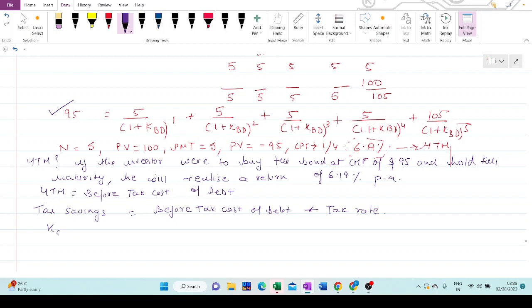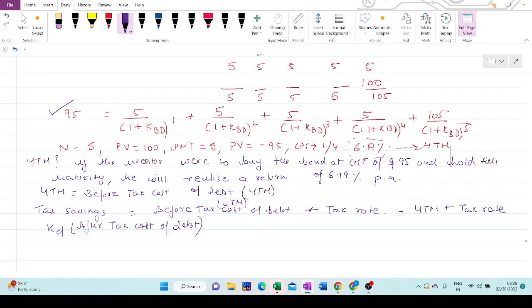So, guys, the after tax cost of debt can be written as follows. Your before tax cost of debt is YTM. So this tax saving can be written as YTM into tax rate.